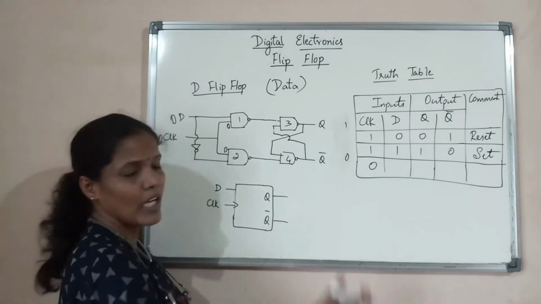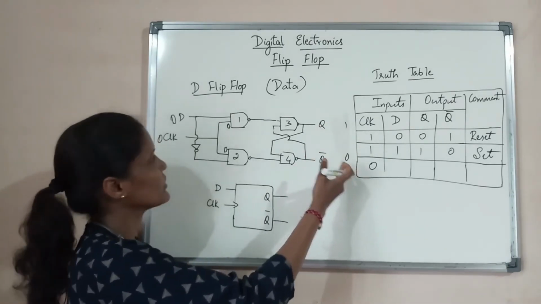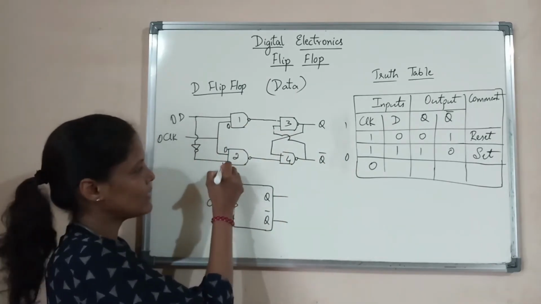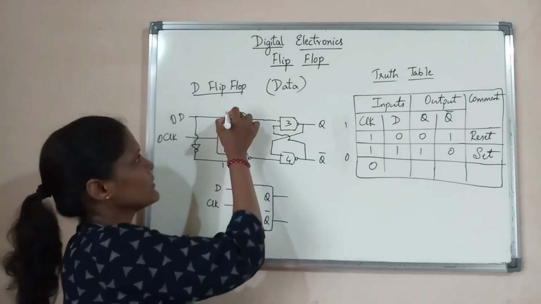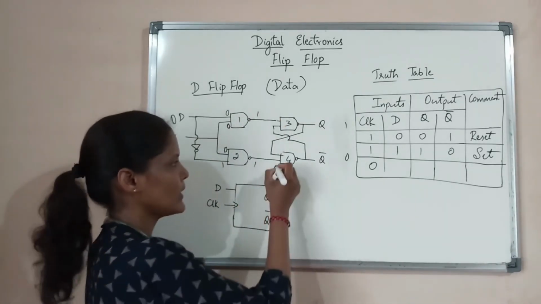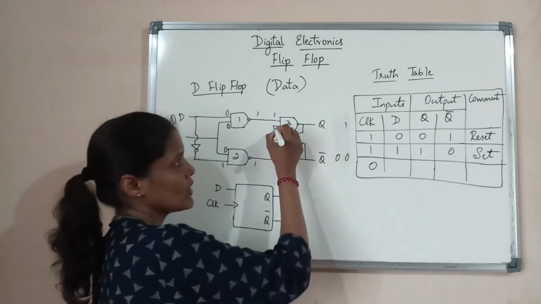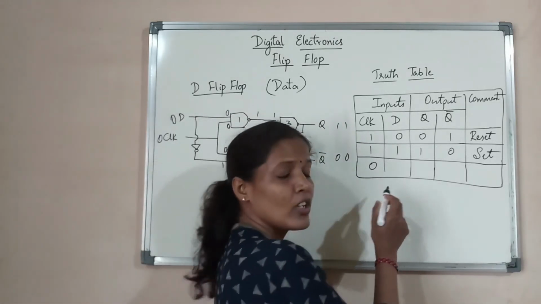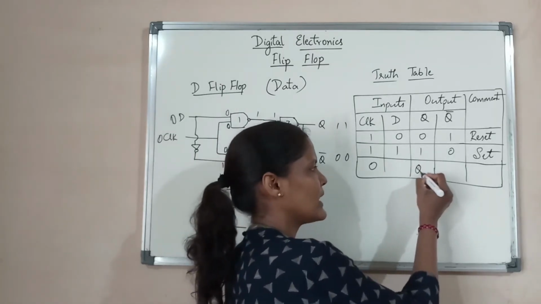Let us check that. I am retaining the previous state of the Q and Q bar. Q value is equal to 1, Q bar value is equal to 0. When D is 0, since I am passing that through a NOT gate, the value of this is equal to 0. Sorry, 1. Clock is 0 and this is 0. With 0, 0 the output is 1. With 0, 1 the output of an AND gate is equal to 1. So this will be projected here. This 1 comes here. With two 1s the output is 0. When this 0 goes here, with 1, 0 the output is 1. So irrespective of the condition or the value of D, the output of the flip-flop will remain in the previous state.